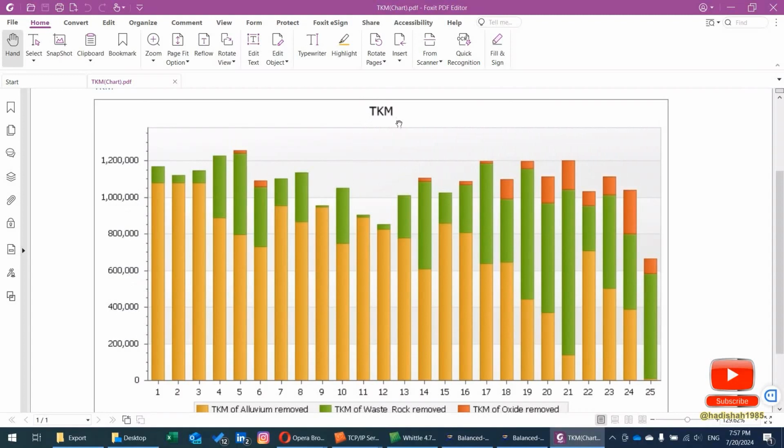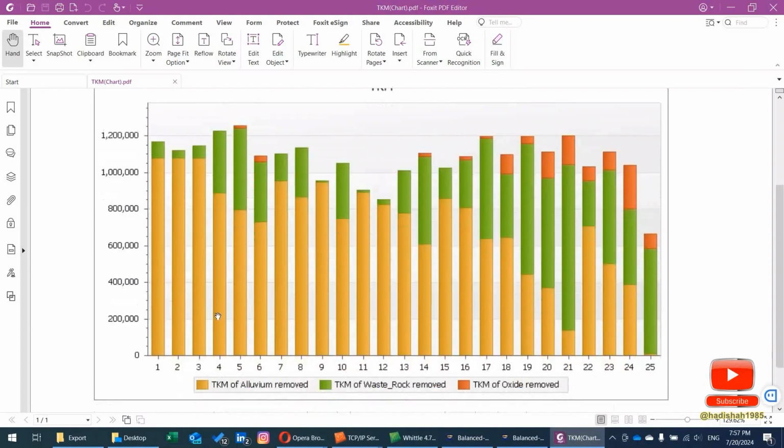Tonnage is multiplied by the distance, and you see that over these 25 months we have some fluctuations because the rock type is changing. For example, here alluvium density is very much less than the waste rock, whether fresh or oxide rocks.